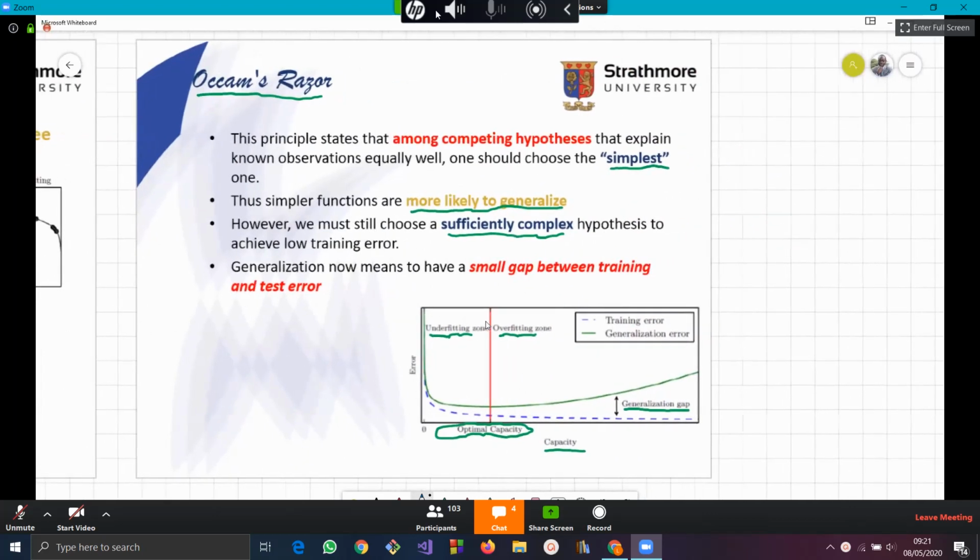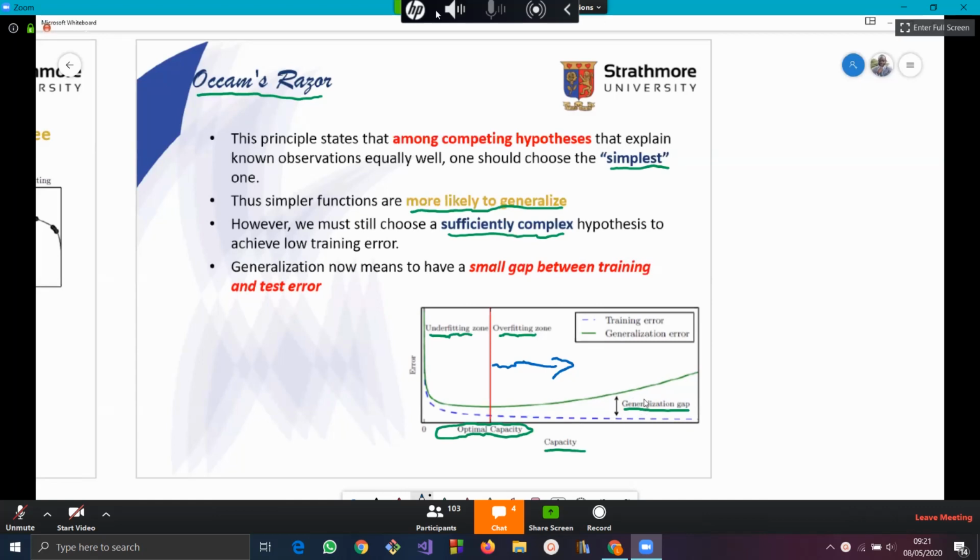So you see what I want, important things. Number one, I need this to maintain, it's reducing, yes. I want my capacity to increase. You know, a higher capacity means I can solve more. So I want this capacity to move somehow. But the problem is this generalization gap is increasing.